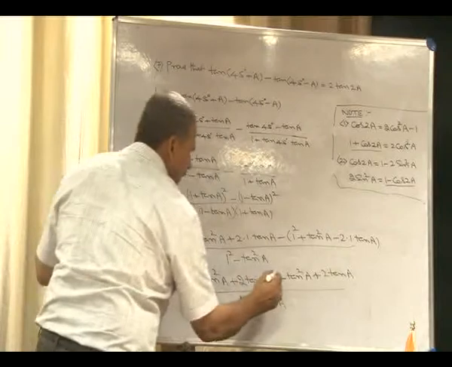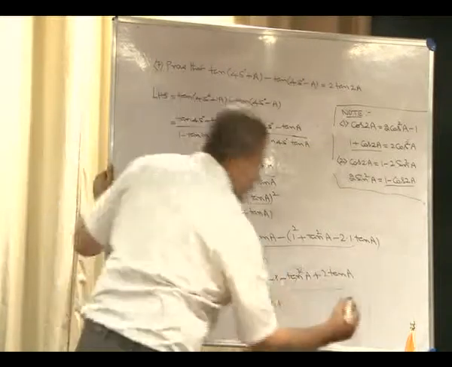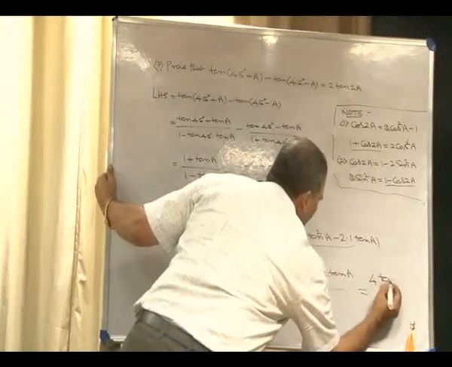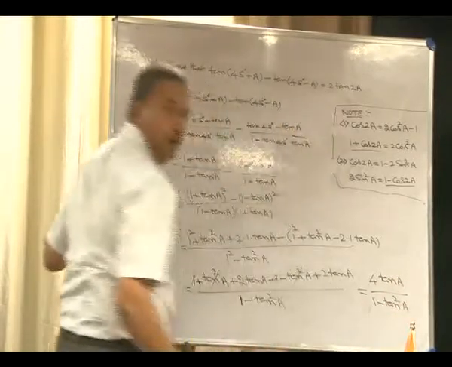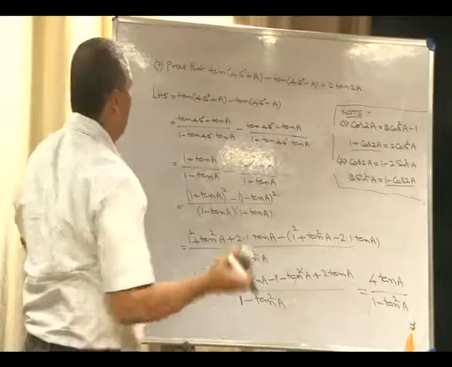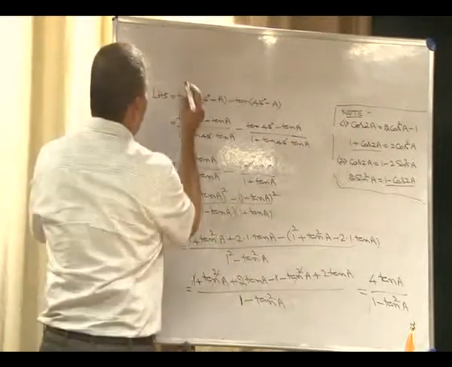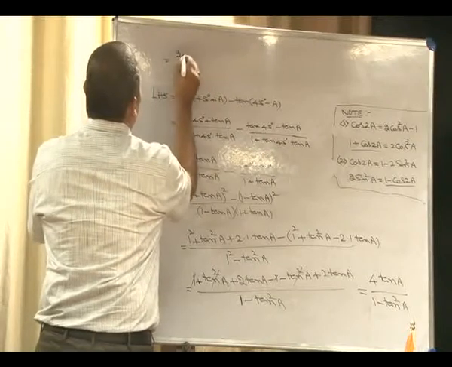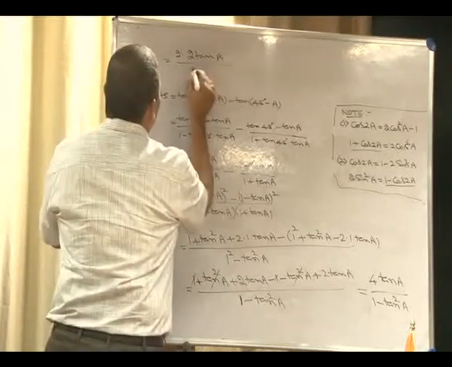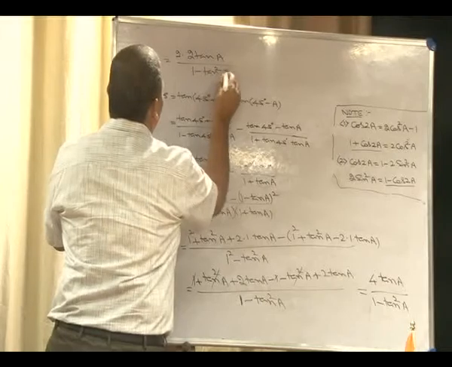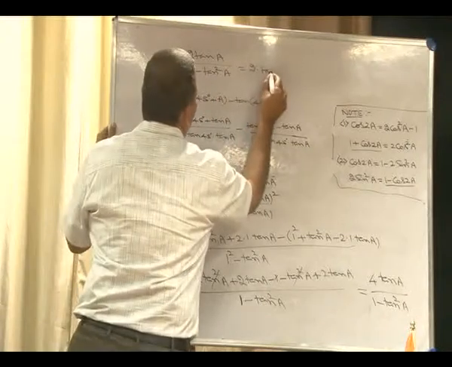Here plus 1 minus 1 cancel, plus tan square A minus tan square A cancel, 2 tan A plus 2 tan A is 4 tan A by 1 minus tan square A. That 4 tan A we may write as 2 into 2 tan A by 1 minus tan square A, which is equal to 2 into tan 2A.